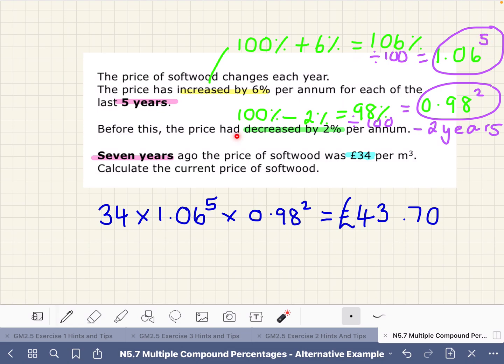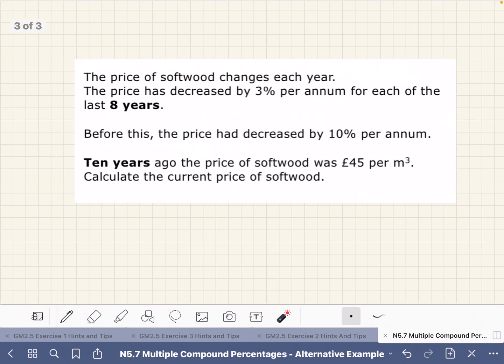The next one, decreased by 2%, the percentage is 98%, the multiplier is 0.98, and that happened over the 2 years, as there was 5 years here and 7 years altogether. That then is written in one line for all your 3 marks to give you the £43.70. Press pause while you try this example.